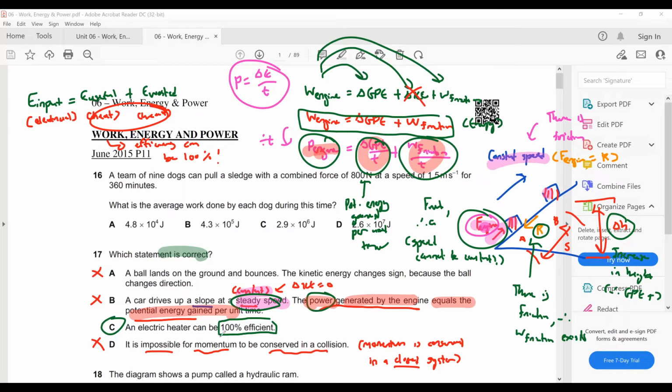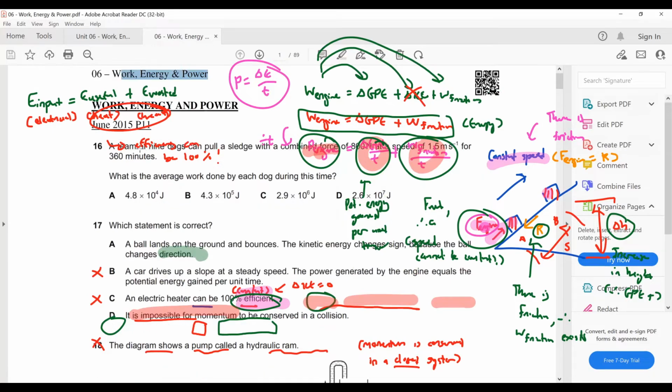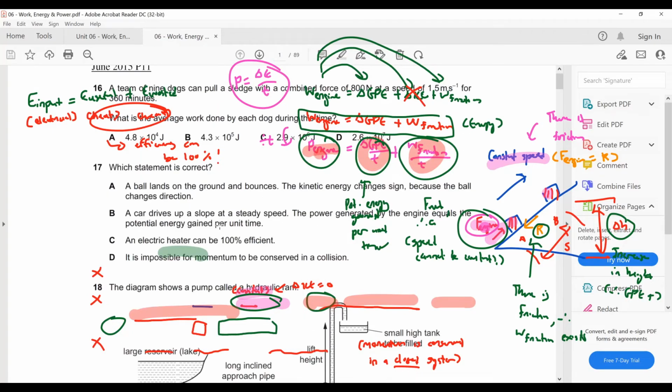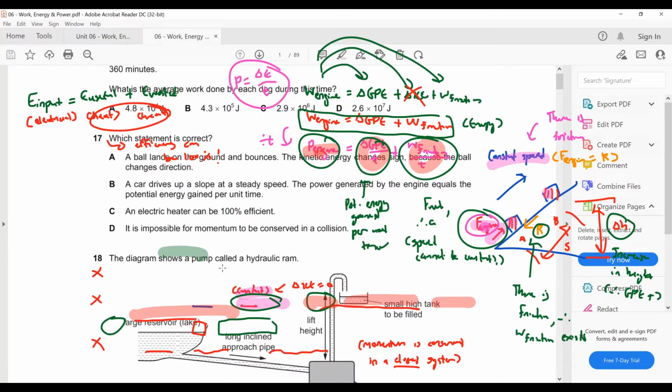So it can be 100% efficient. The term is can be 100% efficient. This is also a weird one. They are trying to play around with your mind. So an electric heater can be 100% efficient because your wasted energy is also heat. You want heat in the first place, but your wasted energy is also heat. So this is for question 17.